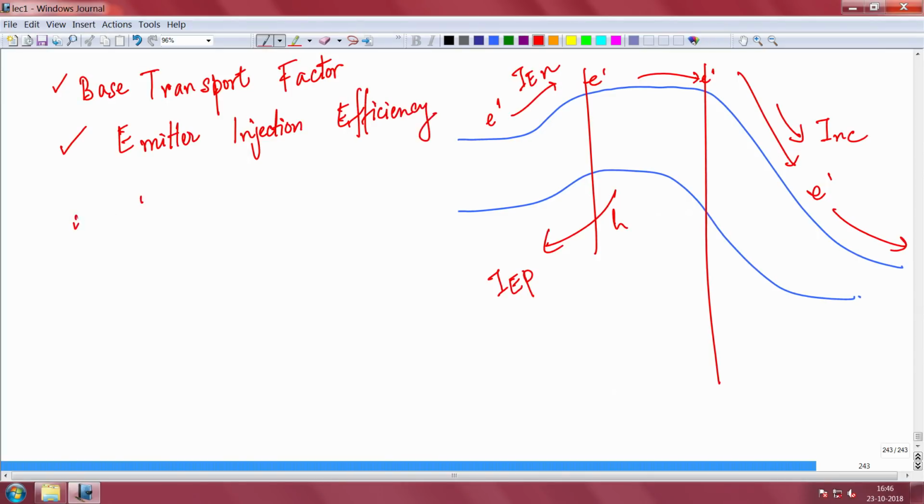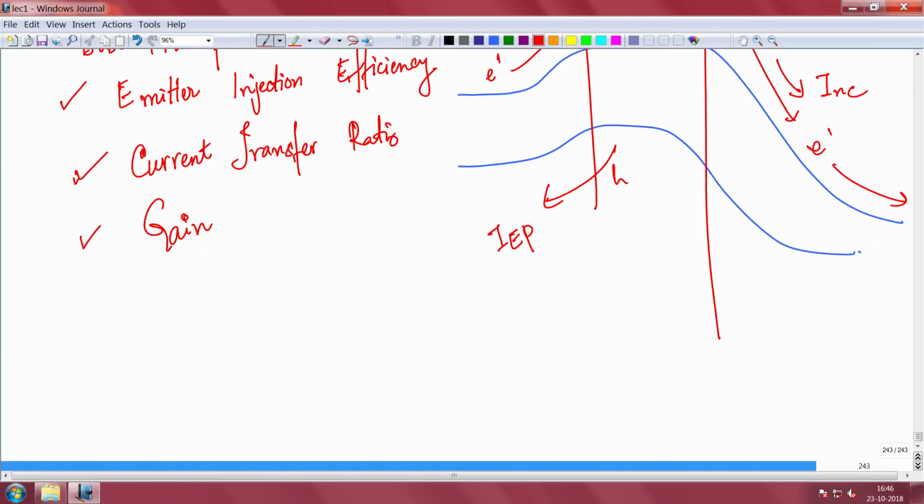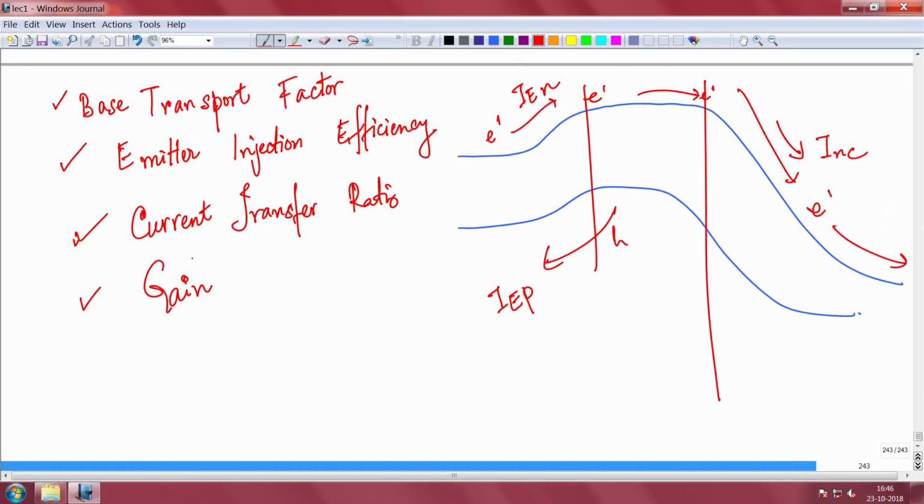One of them is called the current transfer ratio, and one of them is called gain, okay. These are the 4 things that we should be generally aware of, because these 4 things will define how well your transistor will behave, okay. So what are these things? The base transport factor is called capital B, the emitter injection efficiency is called gamma E, the current transfer ratio is called alpha, and gain is called beta, okay.